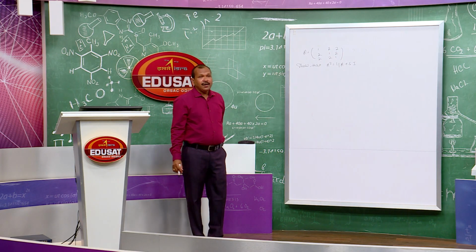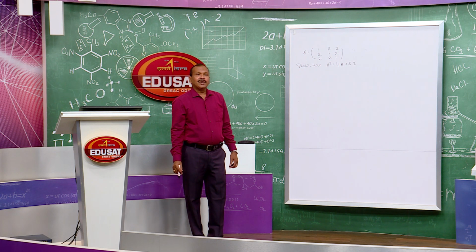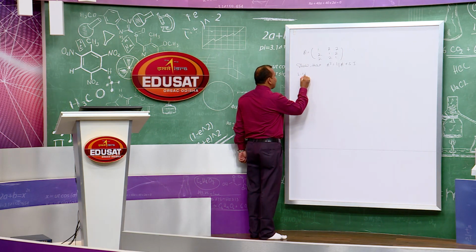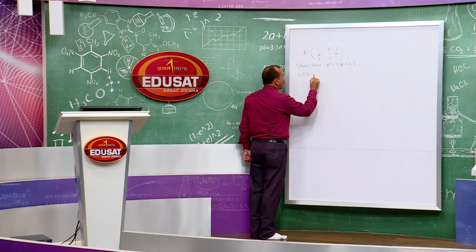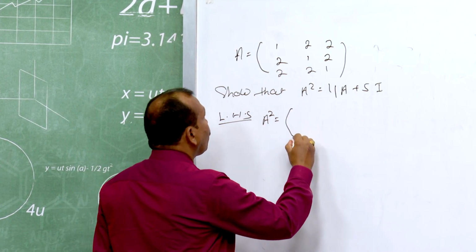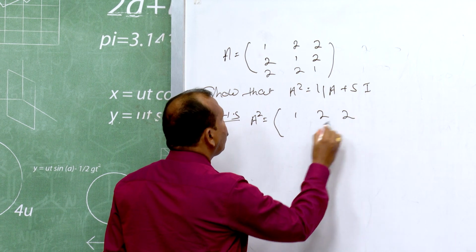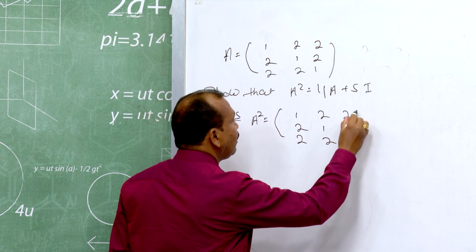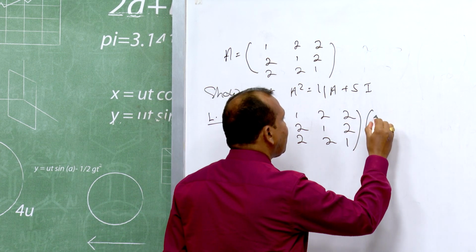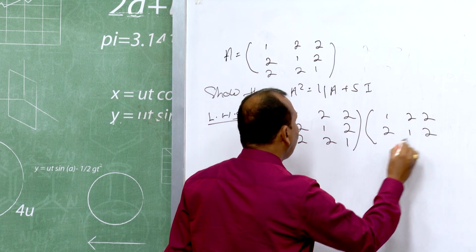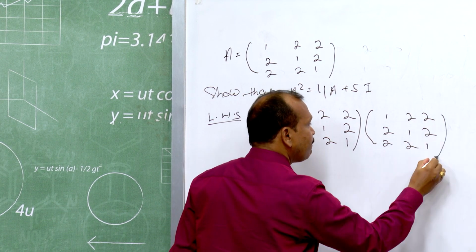Here A is a matrix having order 3 cross 3. Then we can easily find A square. Now we have to work on the LHS side. A square becomes the matrix 1 2 2, 2 1 2, 2 2 1 multiplied by 1 2 2, 2 1 2, 2 2 1.